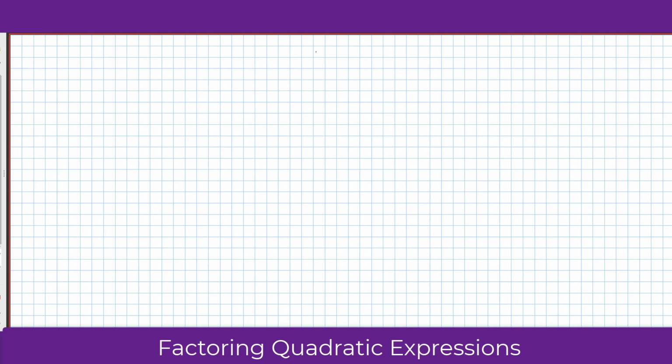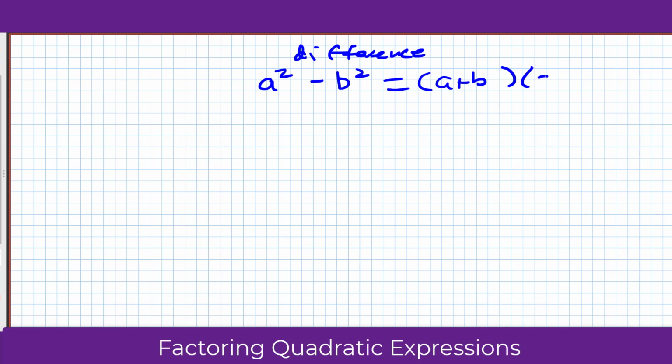So we can also factor the difference of two squares. The difference of two squares is written like a squared minus b squared, and that's going to equal a plus b times a minus b. So what if we have 25x squared minus 49, and we put that in factored form?